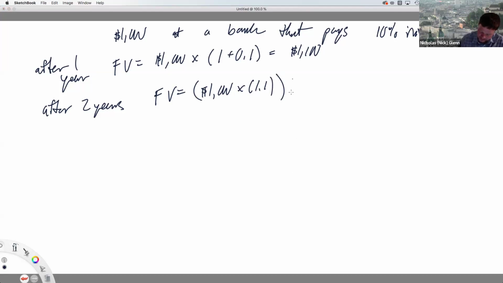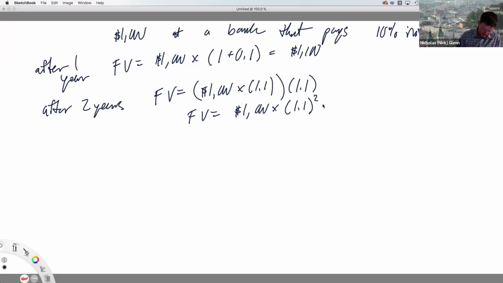And so when you do that, you got to multiply it by 1.1 again. Okay. And so that future value is going to be $1,000 times 1.1 times 1.1, which is just 1.1 squared. Now, what is that exactly? Let's see, like 1210 or something like this.